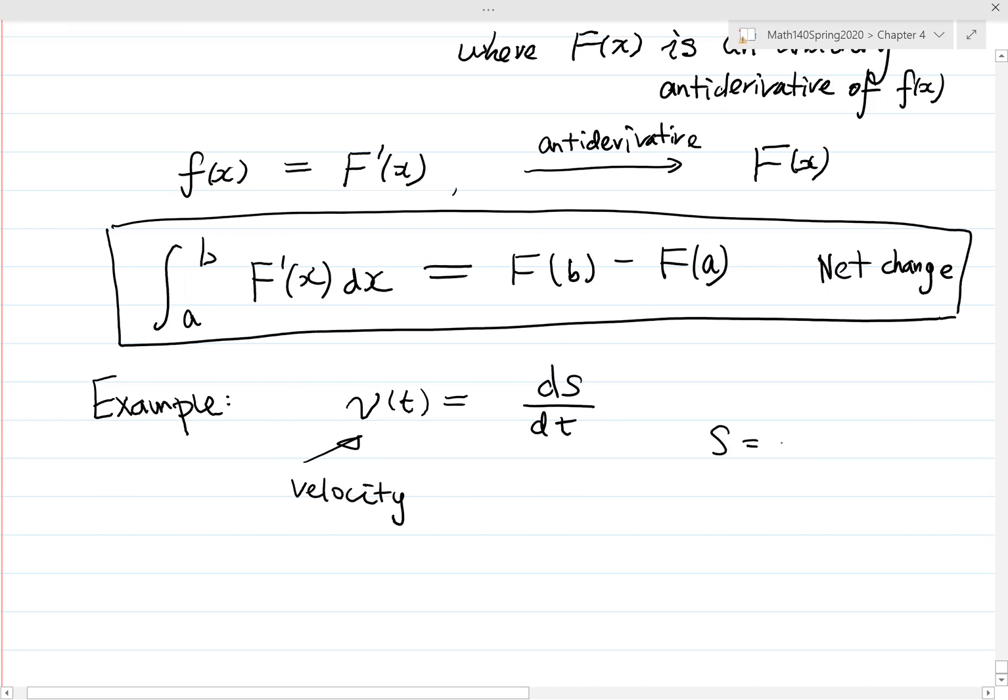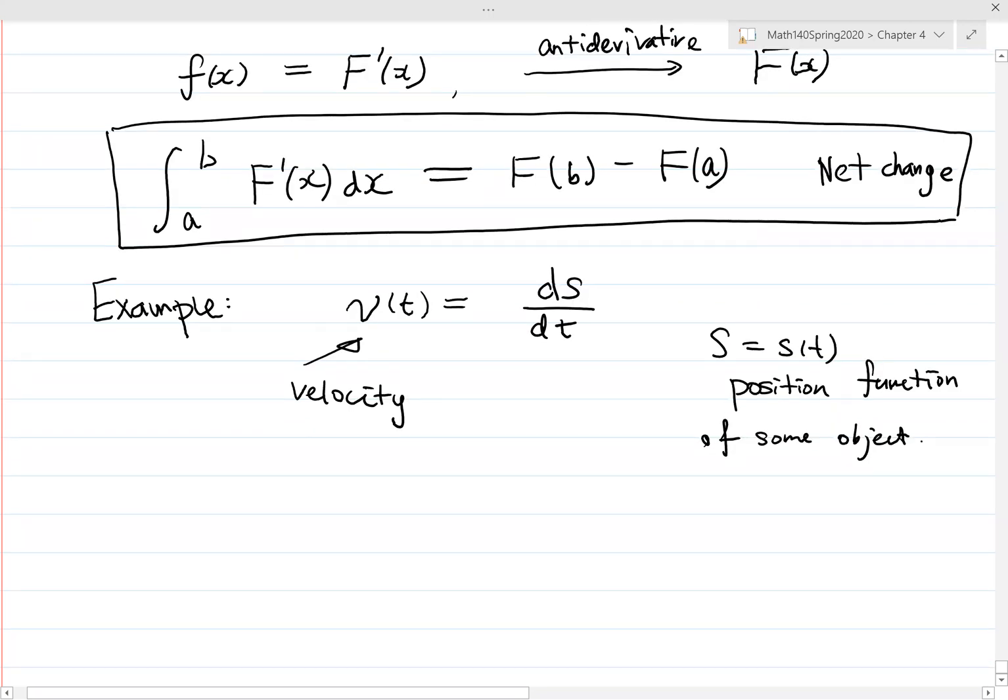So s equals s(t) is the position function of some object, a particle or something. Then we apply the net change theorem. If we integrate velocity v(t) dt from a to b, then we get the net change s(b) minus s(a), i.e. the position at time b minus the position at time a.